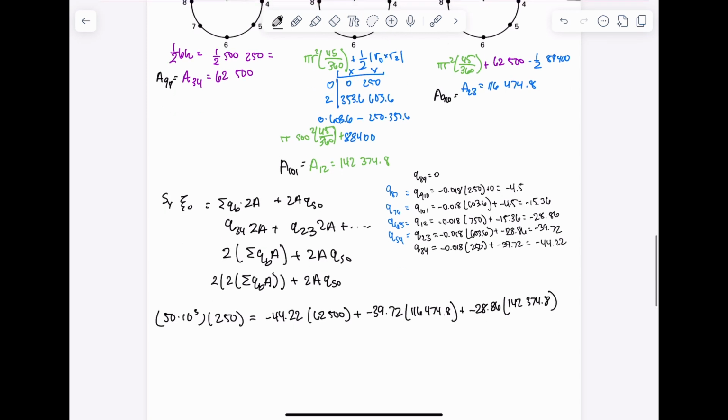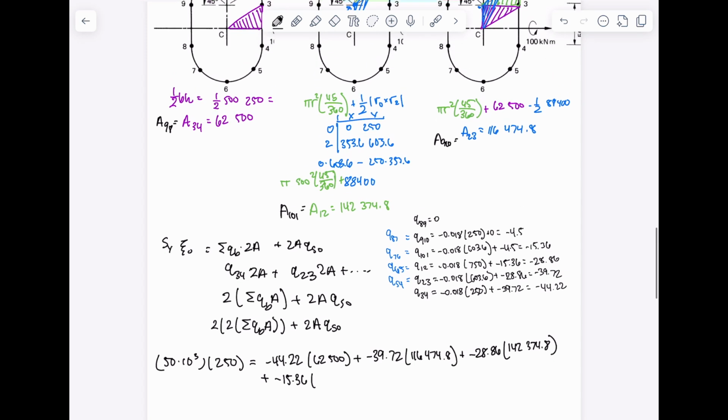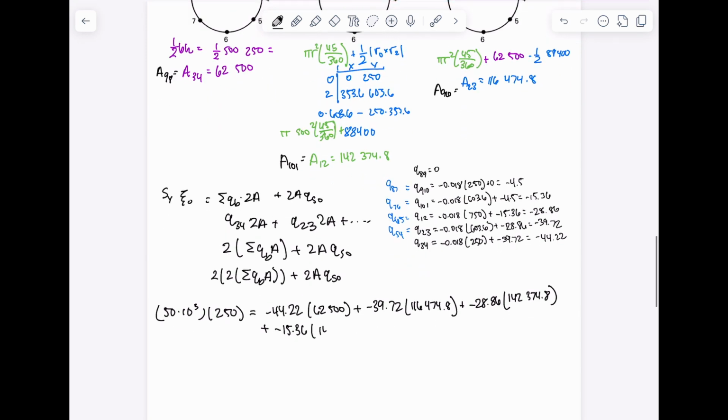142,374.8. And then we add again, let's put it down here, shear flow from 10 to 1, which is negative 15.36, and area of 10 and 1 is the same thing, 142,374.8.